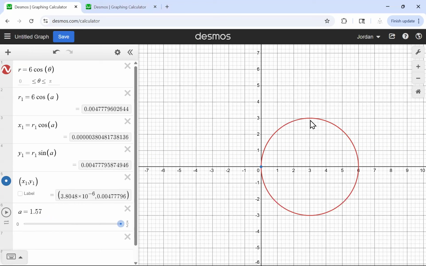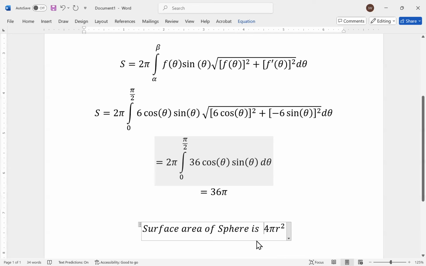And it turns out that the sphere of any radius has surface area of 4 pi times radius squared. I said this particular sphere would have radius 3. And so 4 times 3 squared is where we get that 36 from. 4 times 9 is 36.